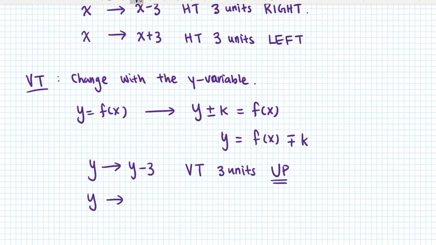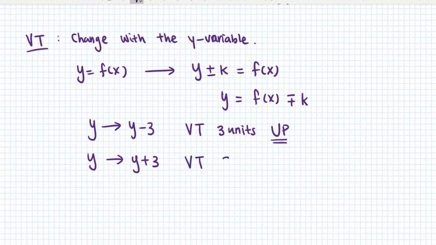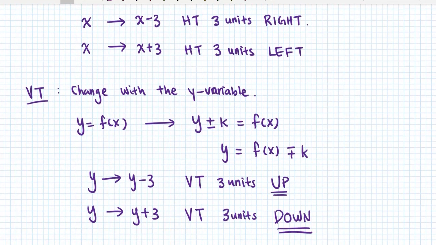Y transformed to y plus 3. Vertical translation, 3 units, down this time. So for horizontal and vertical translation, the rule or the idea is the same. Whenever you're subtracting a positive constant, whether it's of x or y, it will go either right or up. And when you're adding a positive constant to the variable, it will be either left or down, depending on the variable you're looking at.